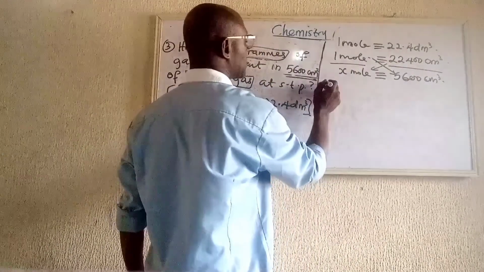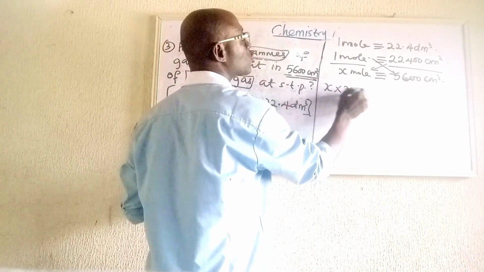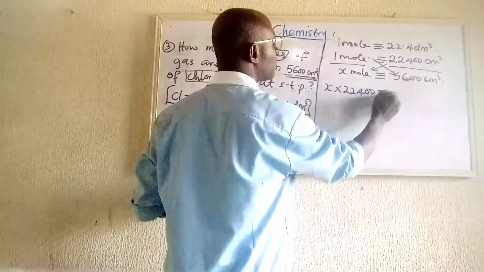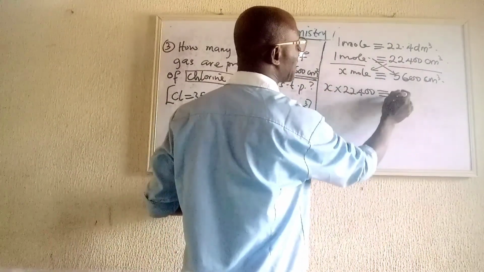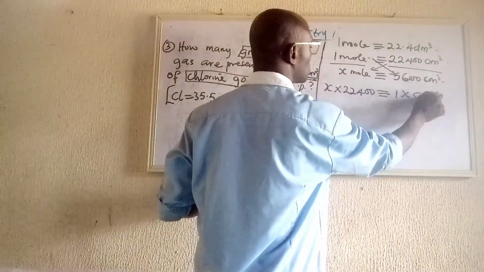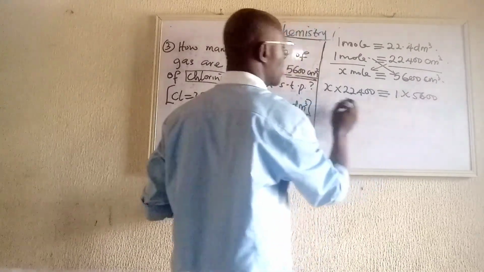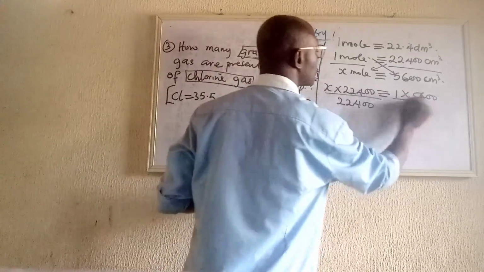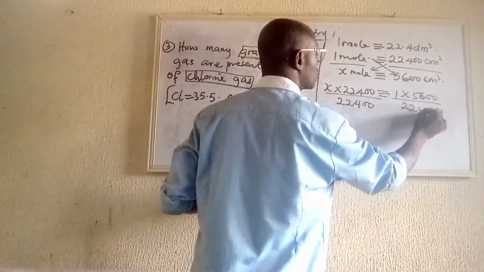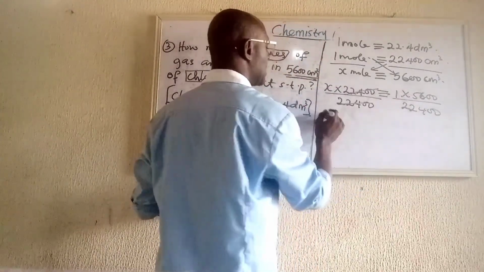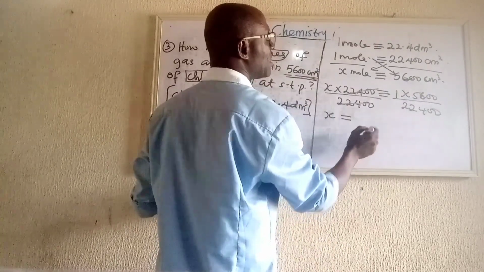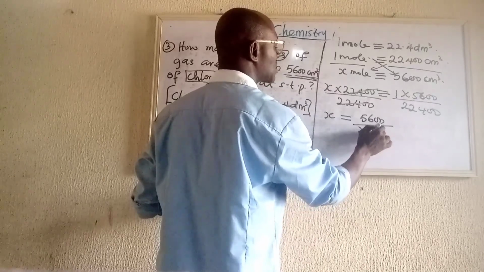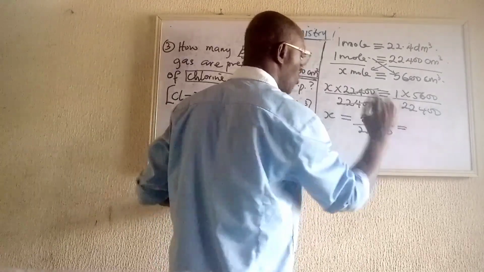X times 22,400 equivalent to 1 times 5,600. Dividing both sides by 22,400. That means x will now be 5,600 divided by 22,400. What will that give us?